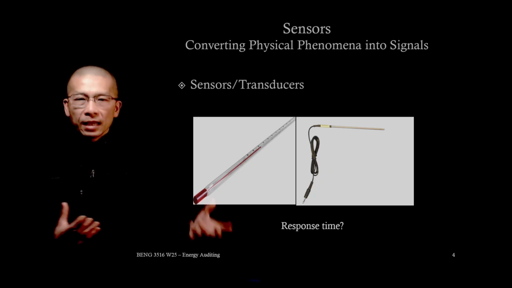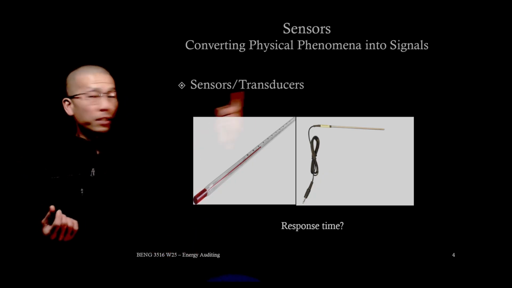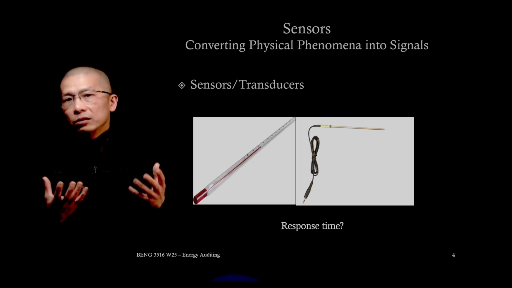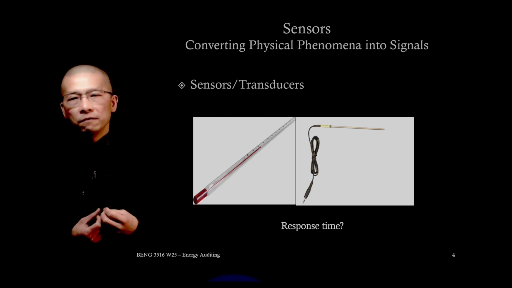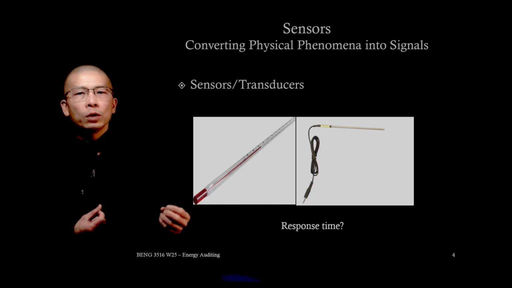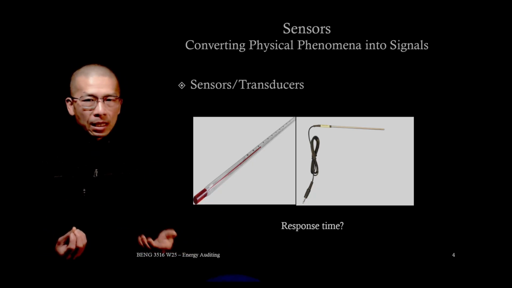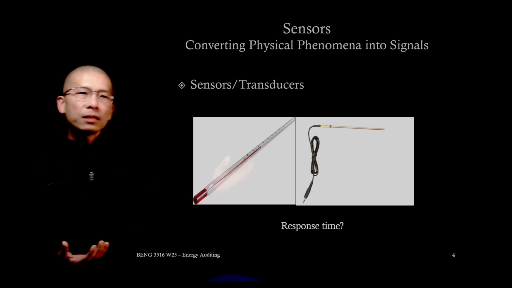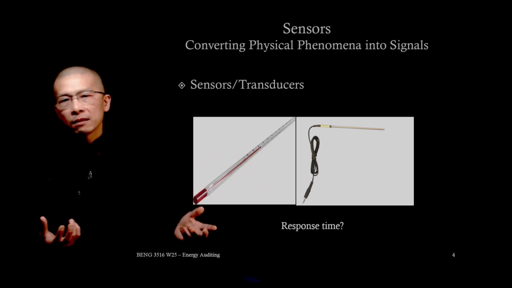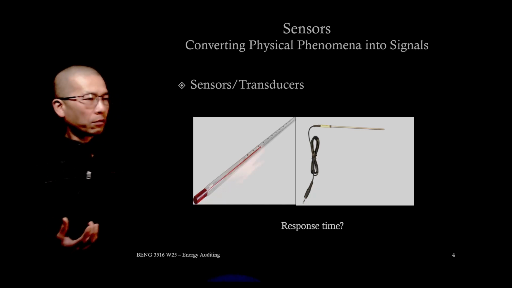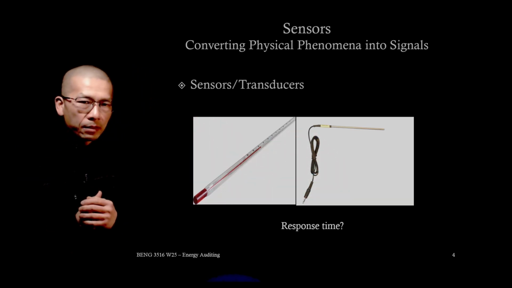What is the distinction between a sensor and a transducer? A sensor detects a change, while a transducer converts that measurement into a different form, such as an electrical signal. Here, the liquid in glass thermometer and the thermocouple are sensor-only devices, right?